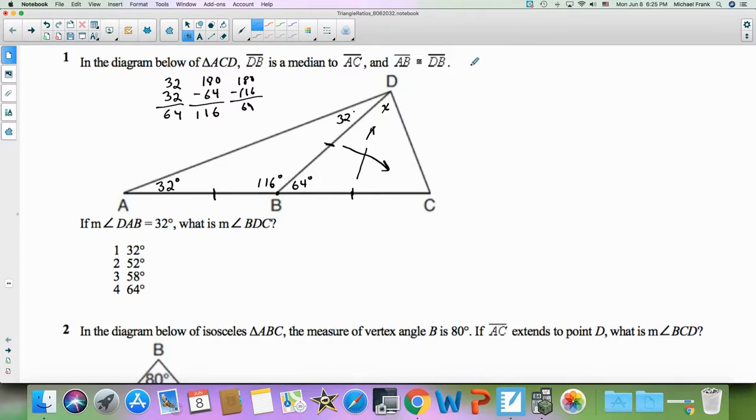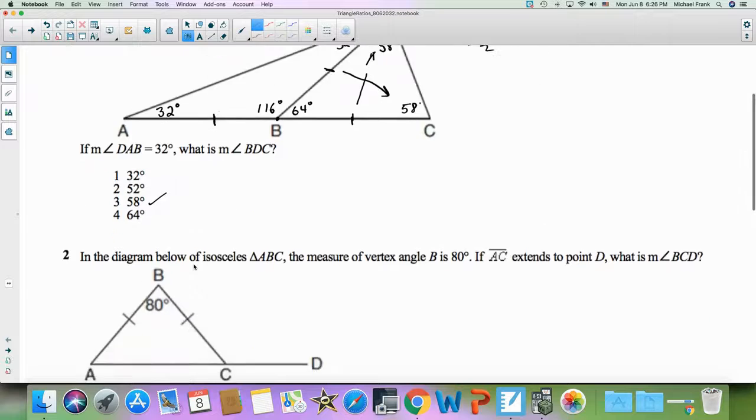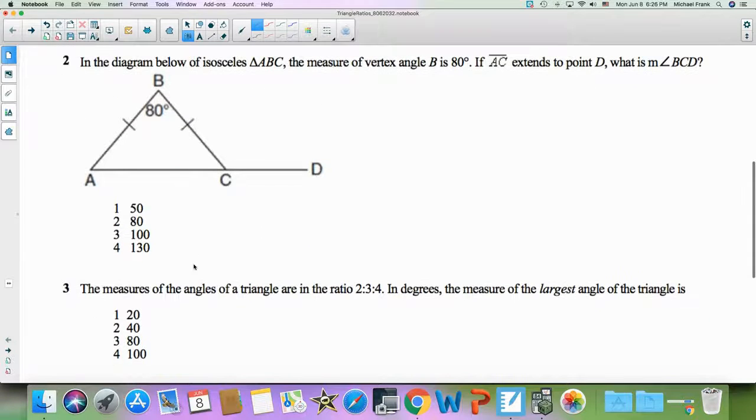Well, if I take the 180 again, and I take away the 64, you get, of course, your 116. But now we've got to divide that equally amongst two angles. So 116 divided by 2 is going to be 58 degrees. This is going to be 58, and this is going to be 58. See, it's just a big little puzzle. Can't be both big and a little puzzle.